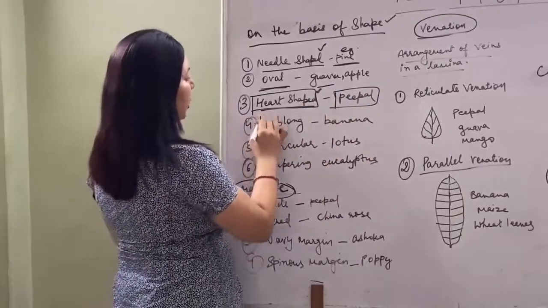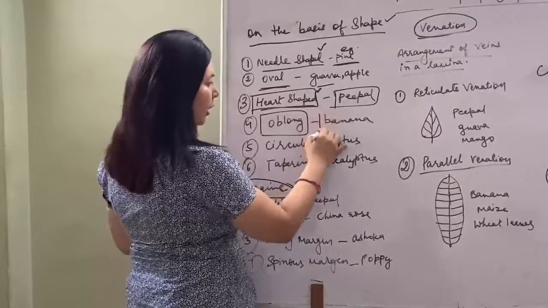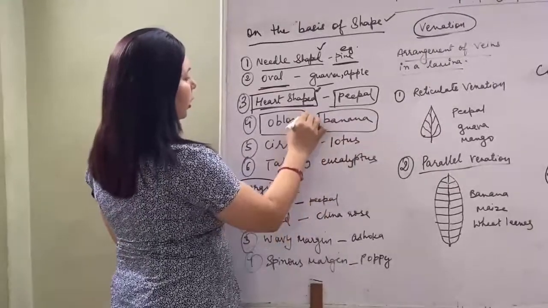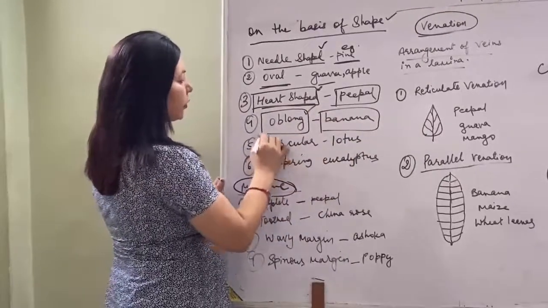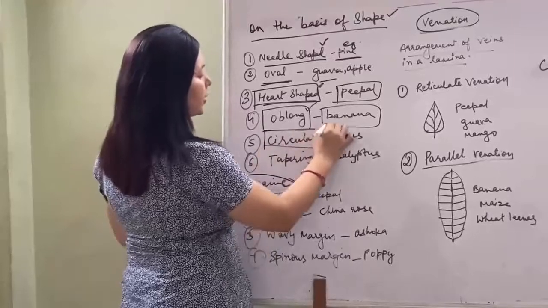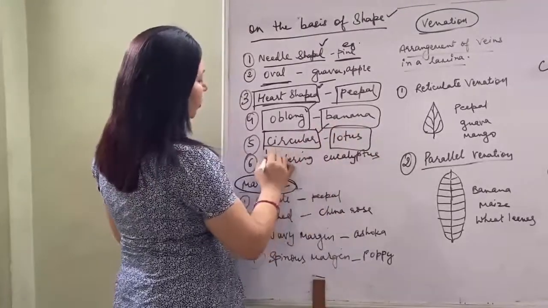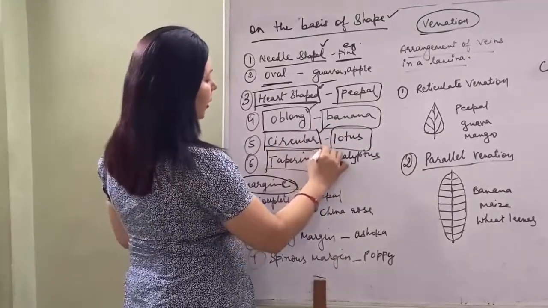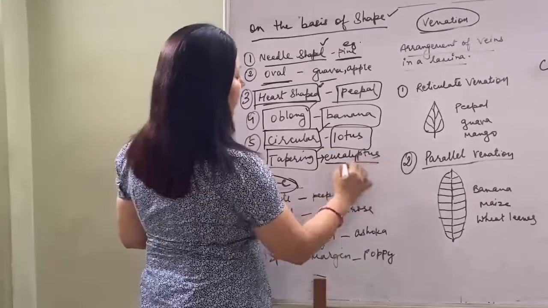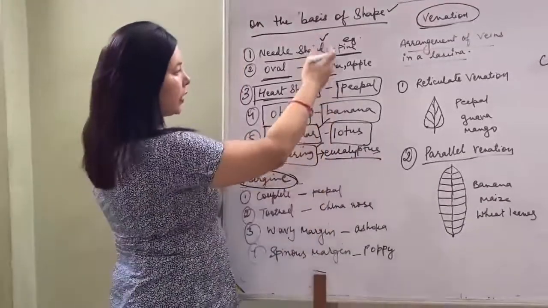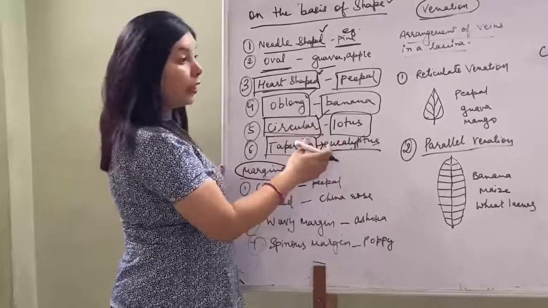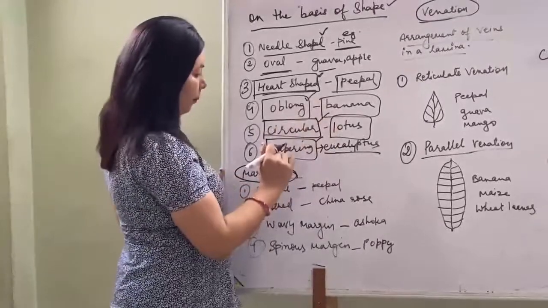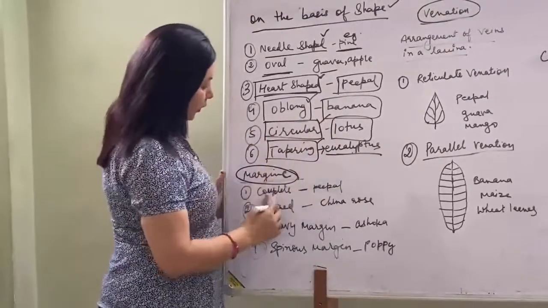Okay, now if the shape is oblong, like in banana we can see, then we call it oblong leaf. If the shape is circular, we'll call it circular leaf. If the shape is tapering, we'll call it tapering leaf, like in eucalyptus. So we have seen in these various plants the leaf vary on the basis of their shape. So they are different from each other.